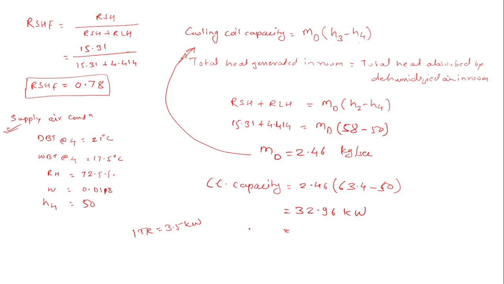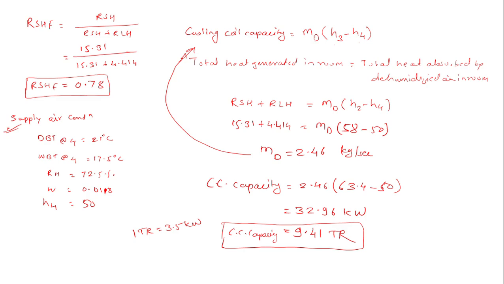I'll get the answer as 9.41 tons of refrigeration. This is the cooling coil capacity. So if I want to maintain the room at 27 C and 55% RH, I need a coil of 9.4 tons of refrigeration.